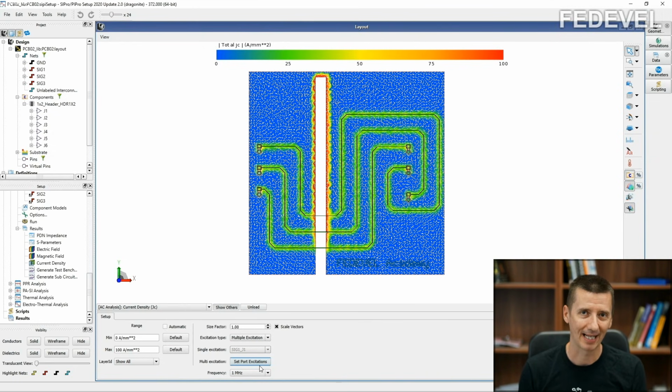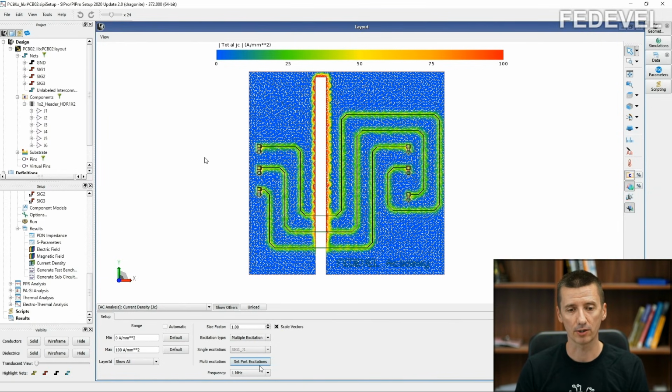I'm going to interrupt our call again because I would like to point out that in my last video, I created this simulation where I routed 3 different signals over a big gap in a ground plane.